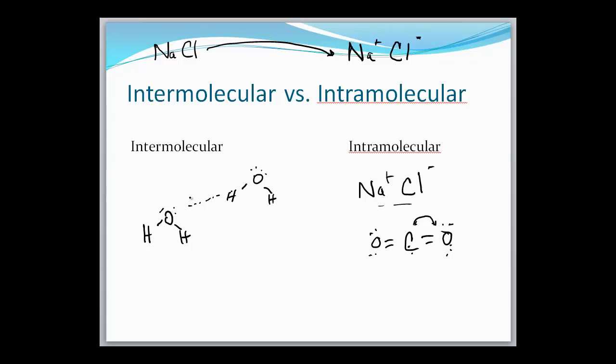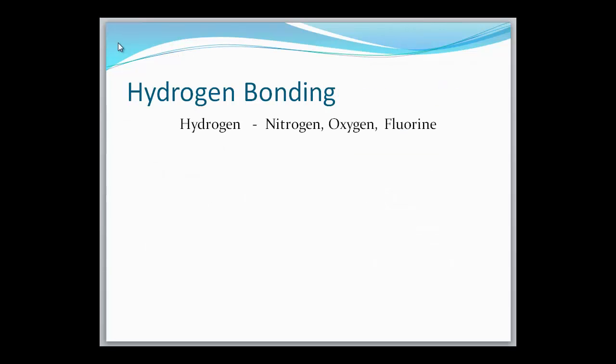What we're going to do is talk about various intermolecular forces and what their effect on properties of the compounds are. So the first intermolecular force that we're going to talk about is called hydrogen bonding. Okay, in hydrogen bonding, what you're talking about is the interaction.